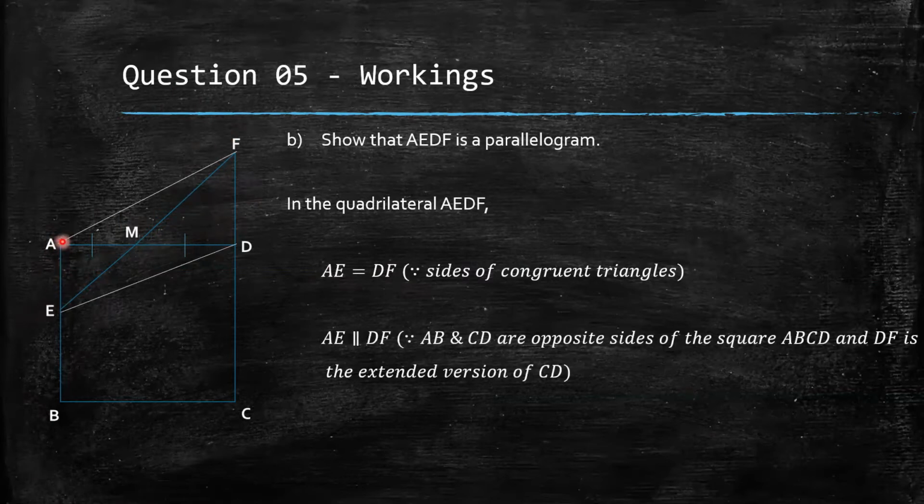Now AE is a part of the side AB of the square, and CD is a side of the square and DF is the extended version of it. Therefore, we know that CF is parallel to BA, thereby EA is parallel to DF.